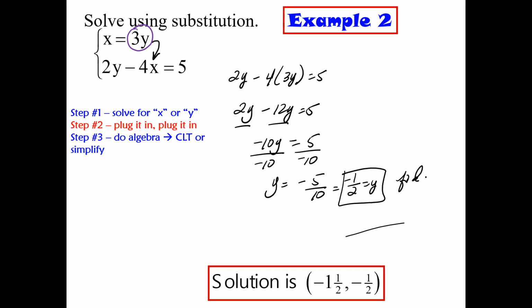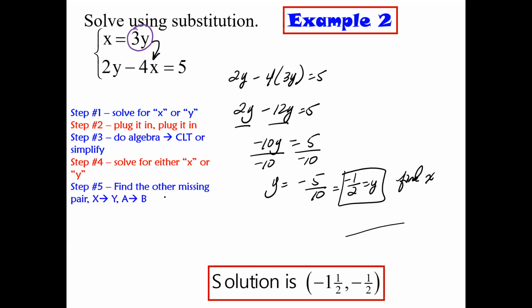Now that you have y, you need to find x, because that's your other counterpart. So your next step is to go ahead and find the other missing pair. So I need to find x. On this one, I'm just going to use the first equation, which is going to be x equals 3y.